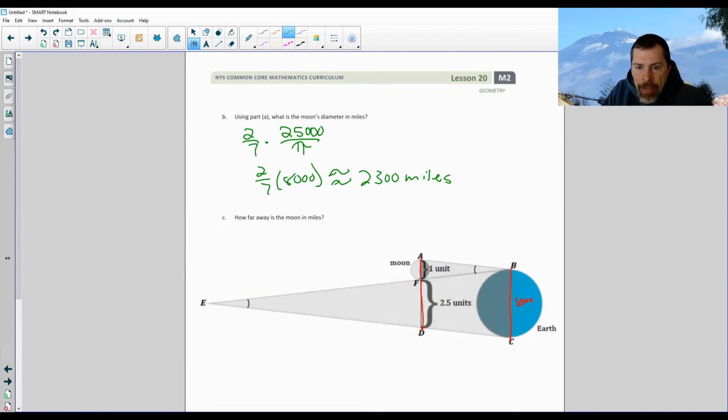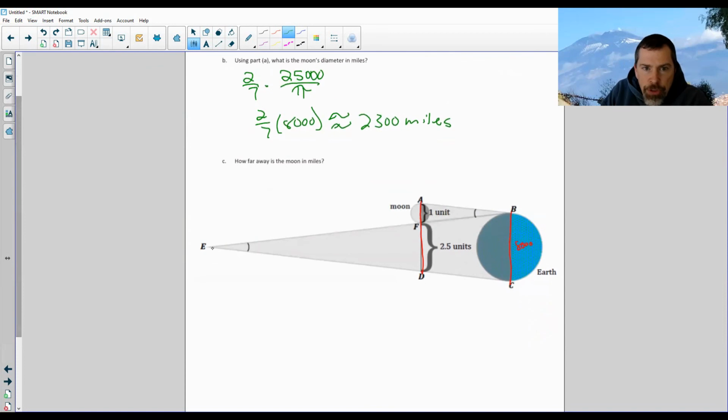So from A to F in the real world, we're looking at 2,300 miles. Then it says how far away is the moon in miles. So then what we're going to do is just simply take the 108 times, remember that 108 times the distance of something, and we're going to multiply that by our 2/7, and then we're going to multiply that by that 25,000 divided by pi, which was 8,000.